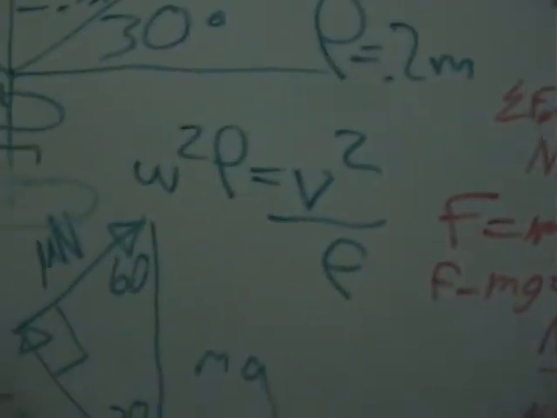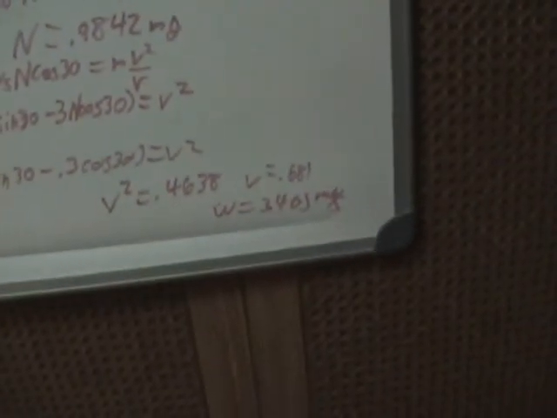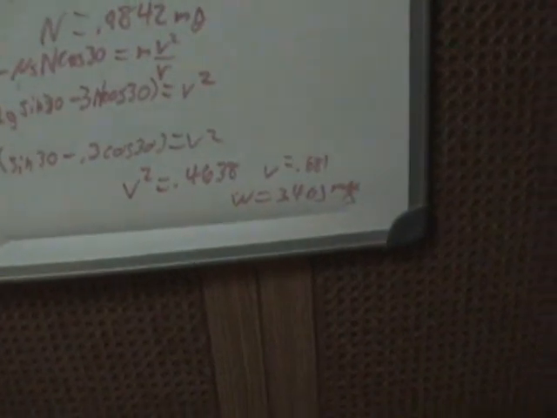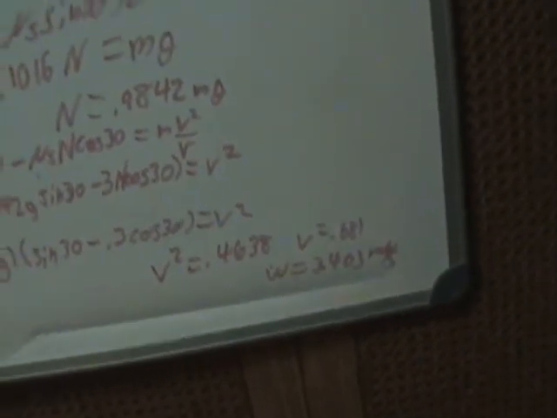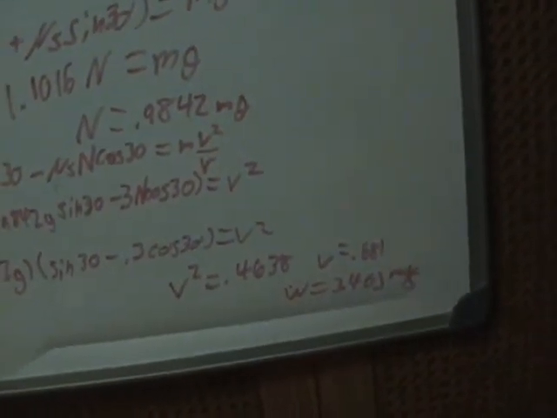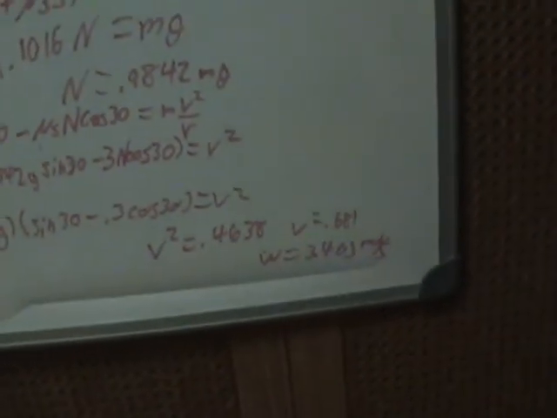I guess he solved for omega from the relation v squared over rho is omega squared rho. So we end up with omega is 3.40 something meters per second.